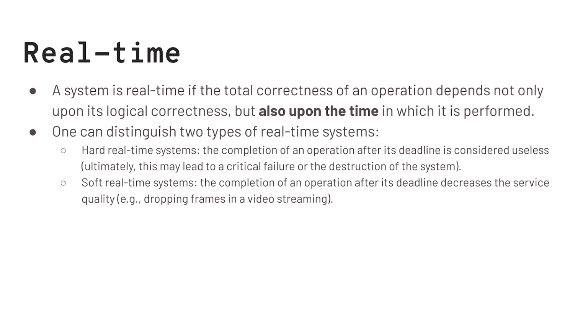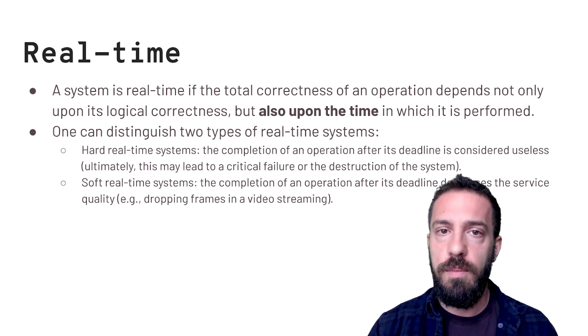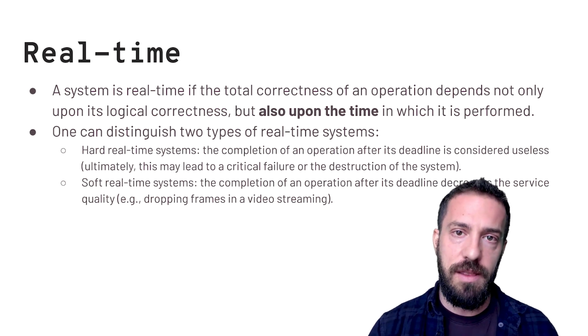No one will probably die in that case. Or you're playing an online video game and it has lag, or the ping is not good. It's good to be within deadlines, but if you're not, it's more of dissatisfaction on behalf of the consumer, and not a catastrophic event or failure.